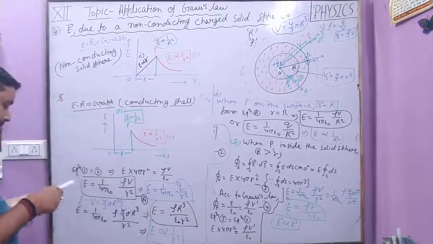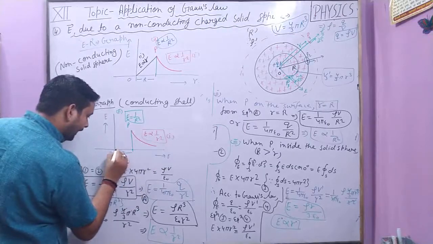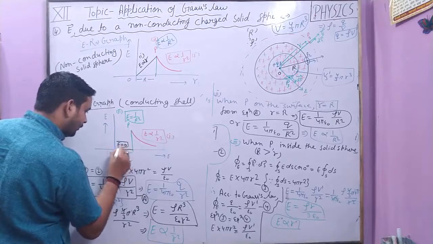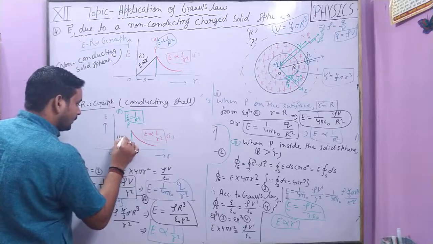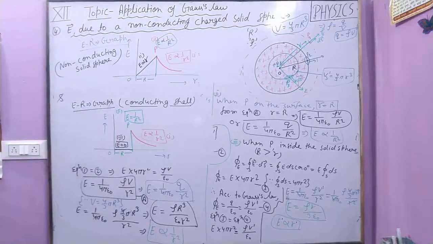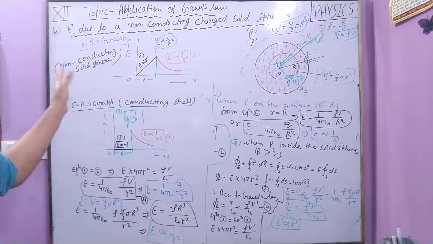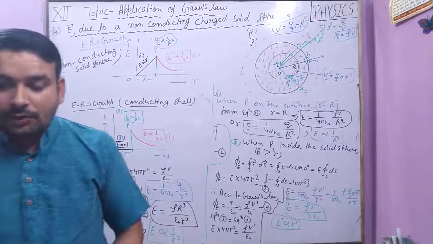And for case 1, inside the shell, we find there is no electric field. E is equal to 0. This is case third. Both the graphs you need to understand very carefully. These kinds of questions appear, also giving the relation and asking you to represent the E-R graph for the particular case. Okay, thank you.